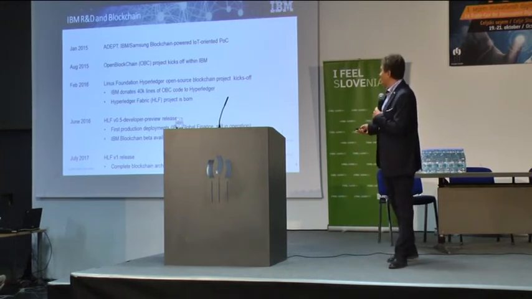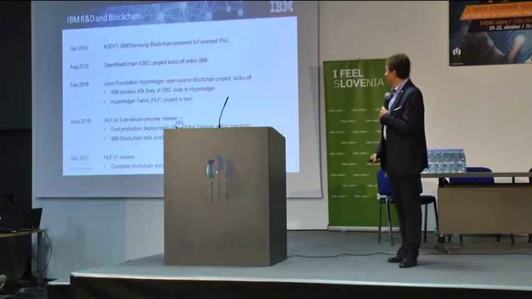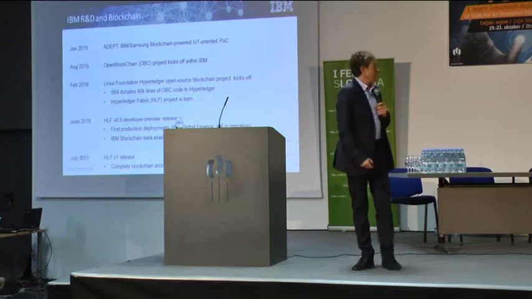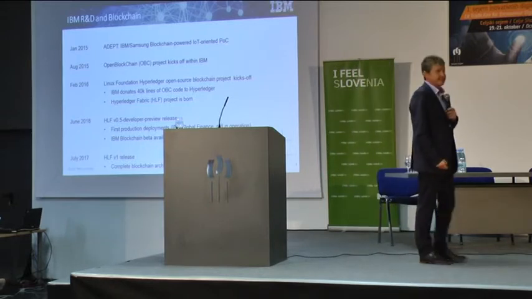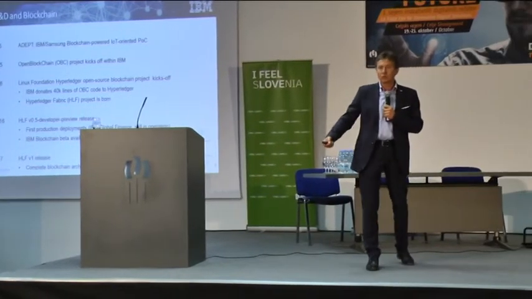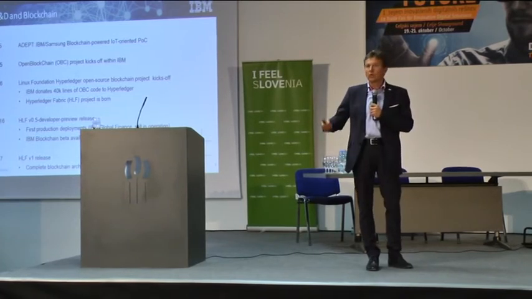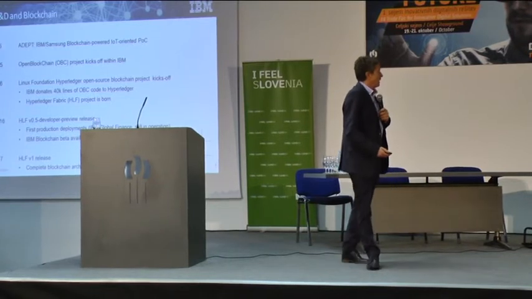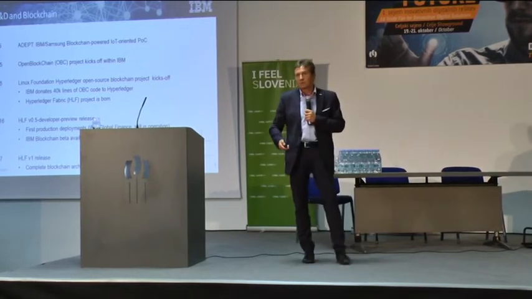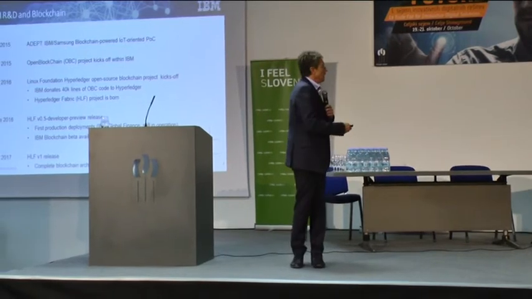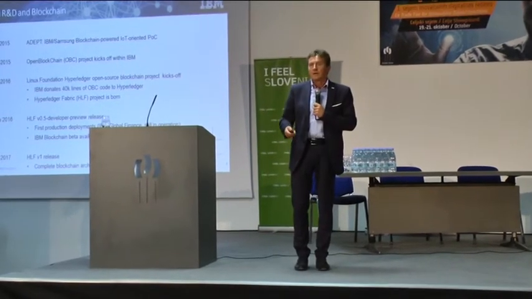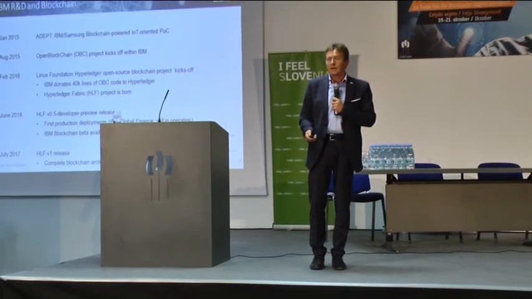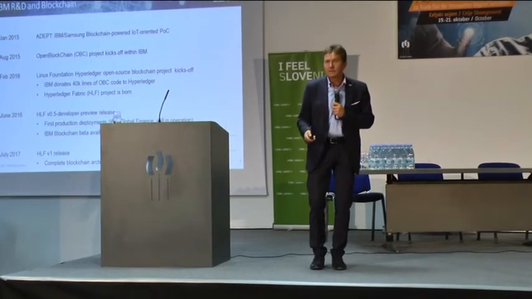In August 2015, the Open Blockchain project kicked off in IBM. Then in February 2016, we donated the code to the Linux Foundation and launched the Hyperledger project. This is really quick, right? In five to six months, we already had the first production-ready code.